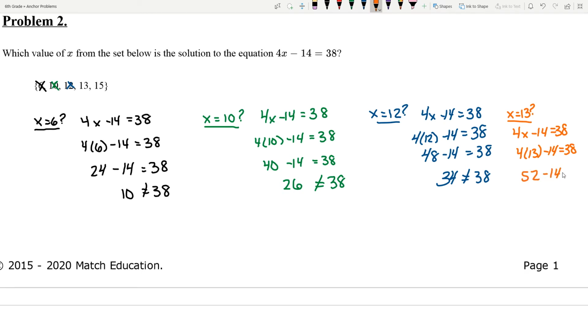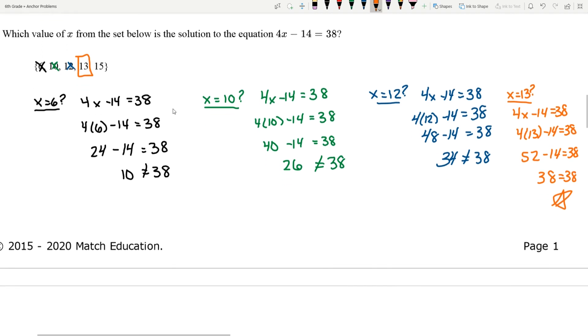Minus 14, and good news, finally. 52 minus 14 is 38. 38 equals 38. So we have a winner. We have a solution. 13 is what is true. And we don't even need to test the 15 because you can only have one solution that is correct here. So that's the solution.